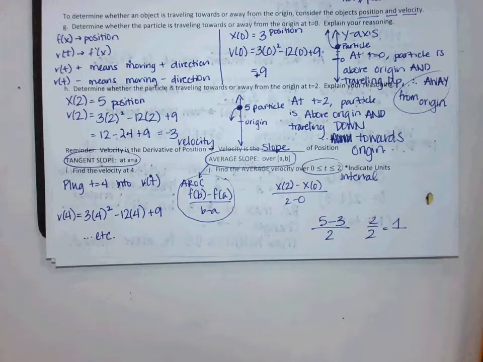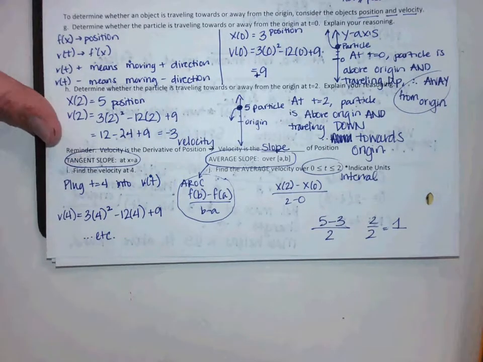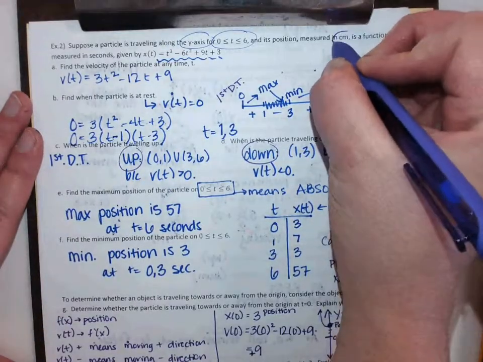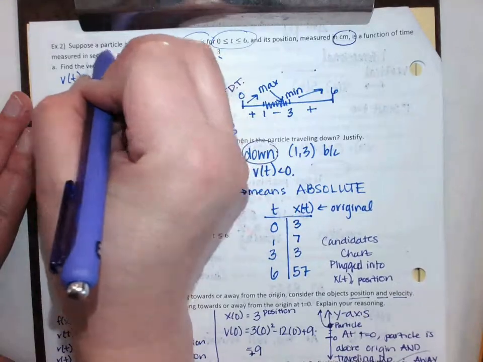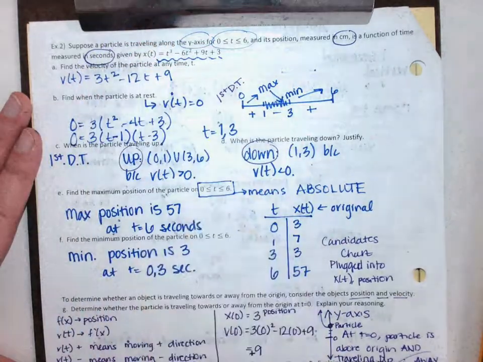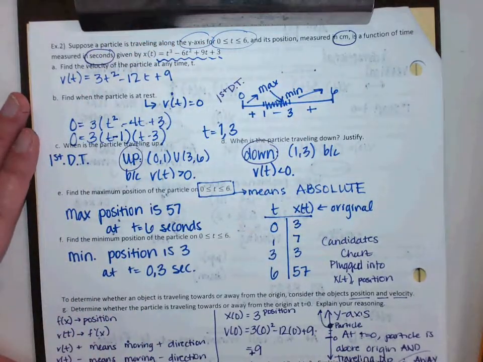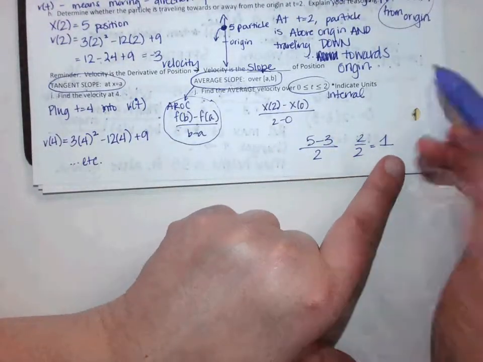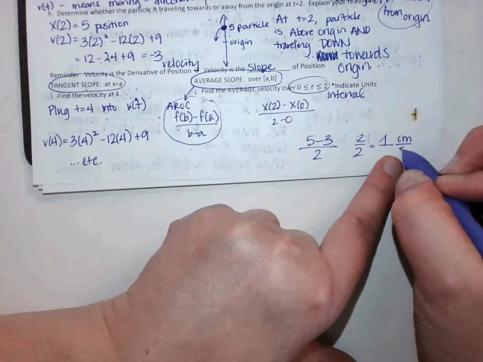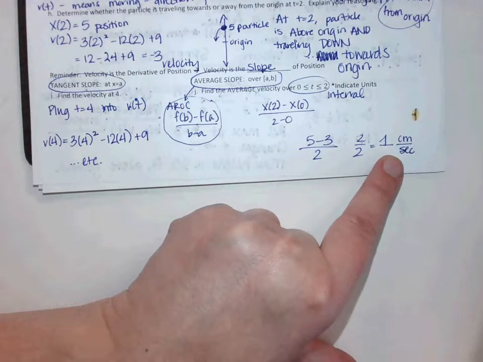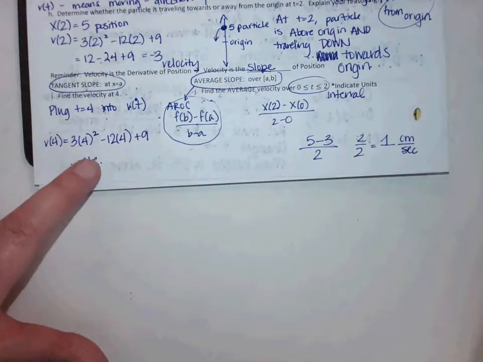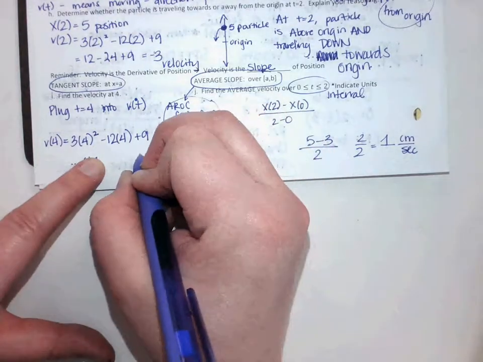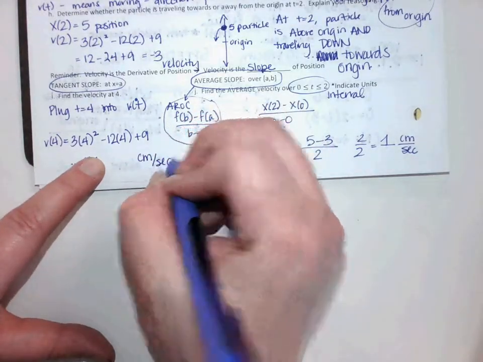Now, let's talk about units. If my original thing, let me come up here to the problem, I'll come back down to this in a second. If it was in centimeters and time was measured in seconds, what would velocity be measured in? Centimeters per second, right? Now, for this one over here, my answer would also be in centimeters per second.